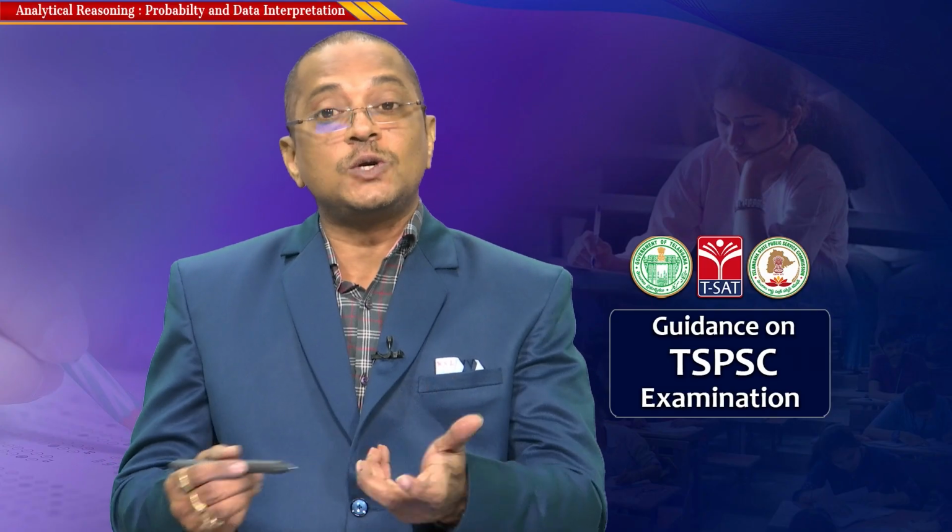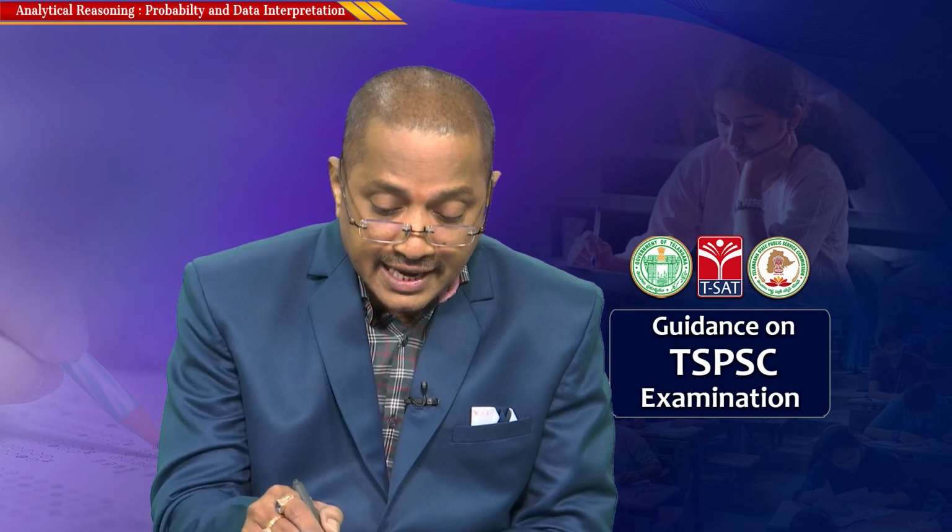When 2 dice are thrown, what is the probability of getting 10? What is the number of outcomes when 1 die is thrown? 6. When 2 dice are thrown, 6 times 6, the total outcomes becomes 36. Clear? Okay.